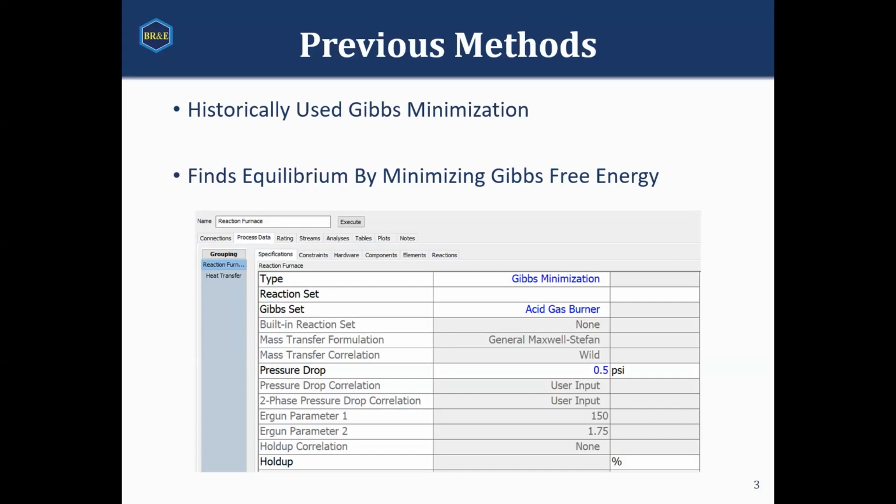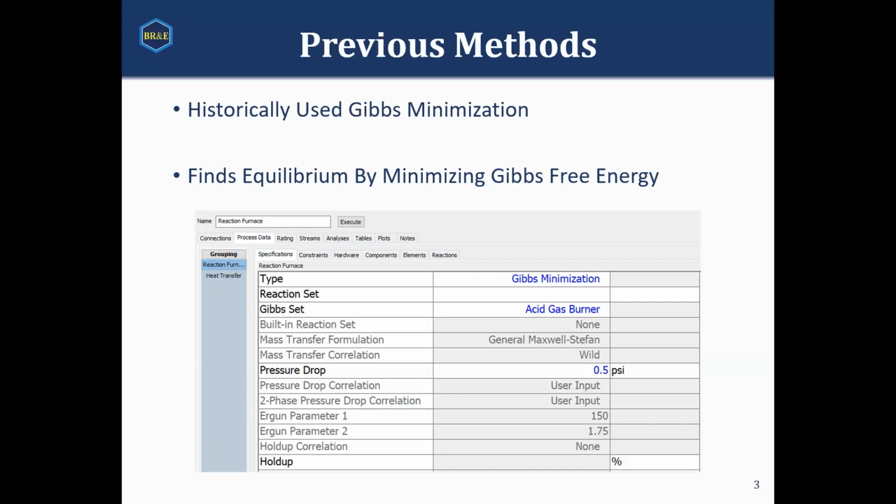Previously in ProMax, and still currently, we have been using Gibbs minimization reaction sets. Gibbs minimization reaction sets work by finding an equilibrium between your inlet and outlet and then determining reaction paths by minimizing Gibbs free energy.